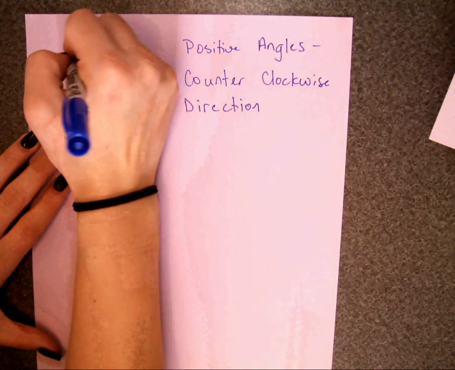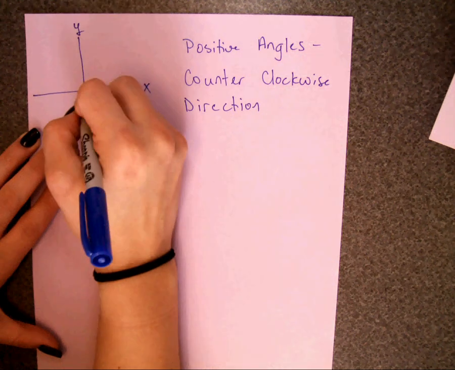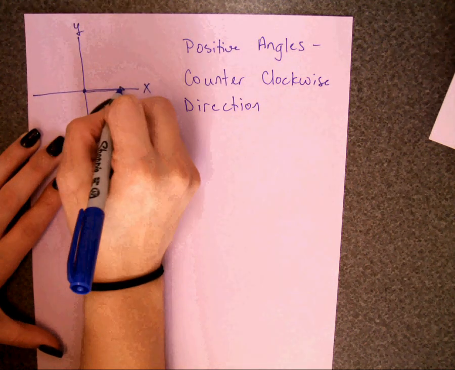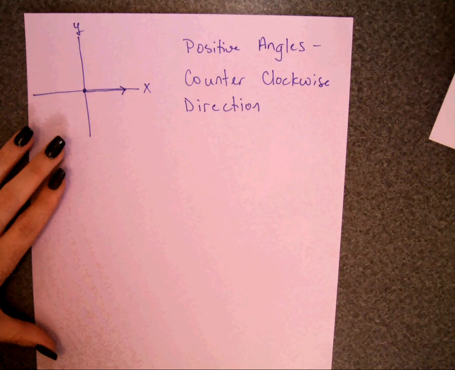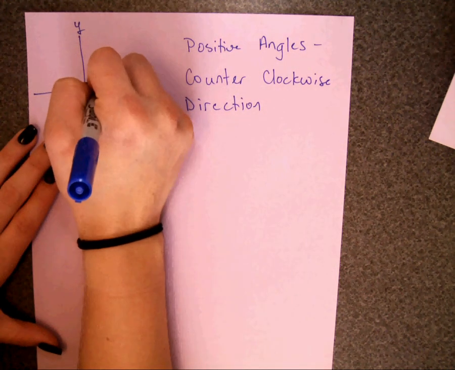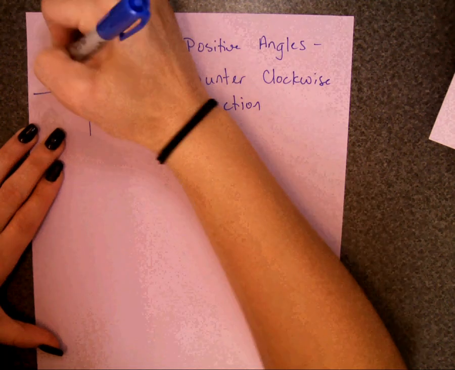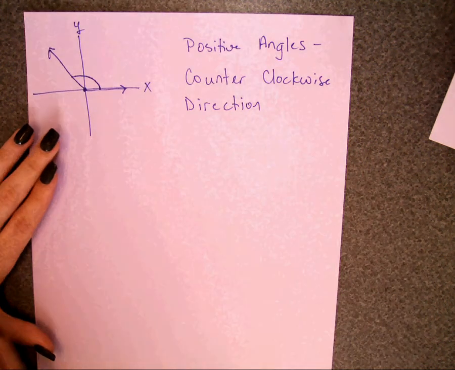So something like vertex at the origin, initial side on the positive x-axis, and to make a positive angle, I'm wanting to go in the counterclockwise direction. So this way, and I create a positive angle.